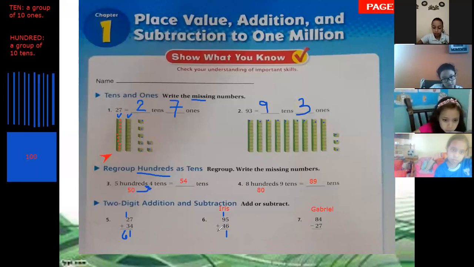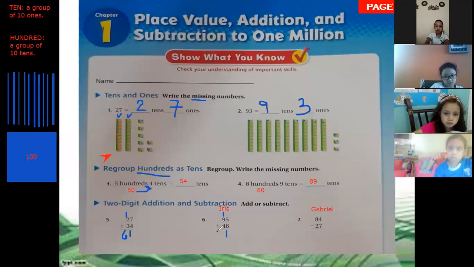The 9 plus 1 is 10. And 10 plus 4. The answer is 41.